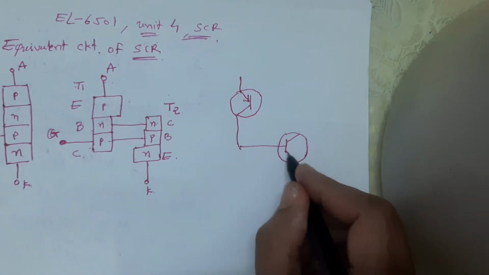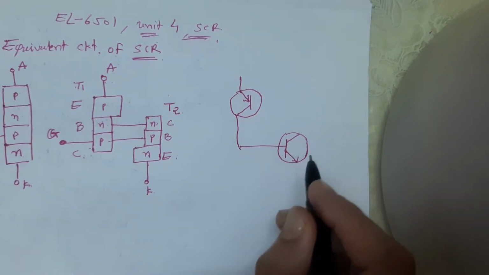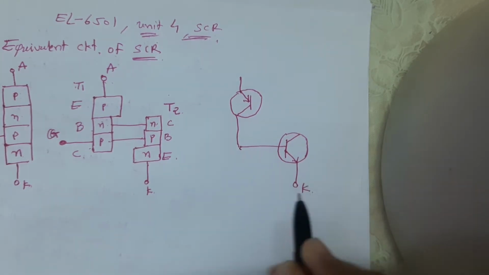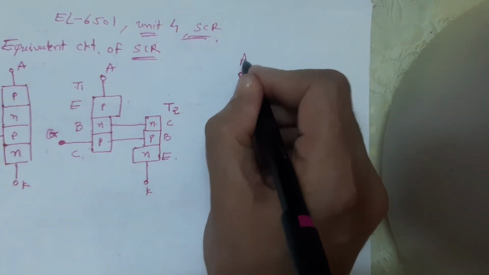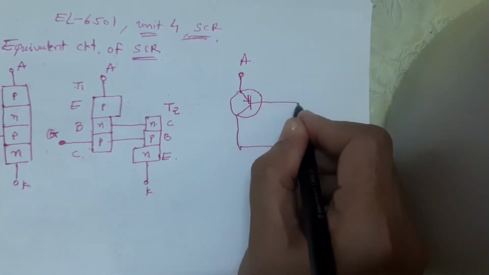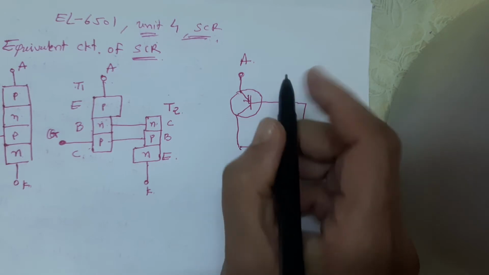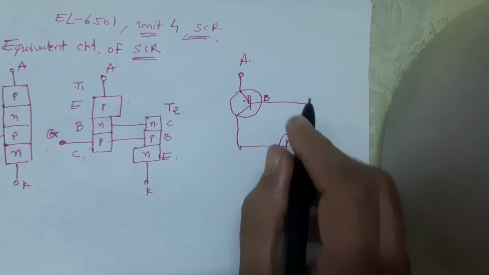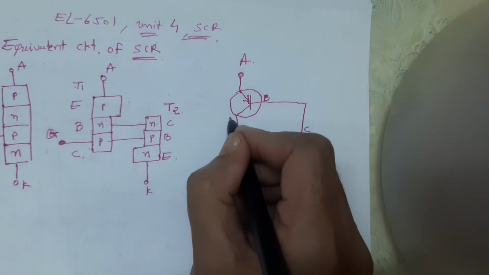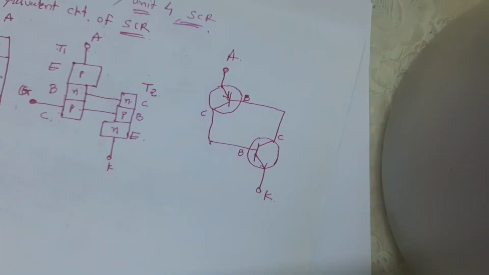This is your emitter. This emitter is nothing but your cathode. This is your anode. The base is connected to the collector of the second transistor.